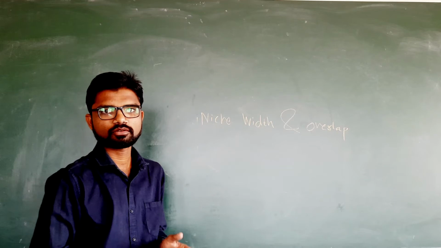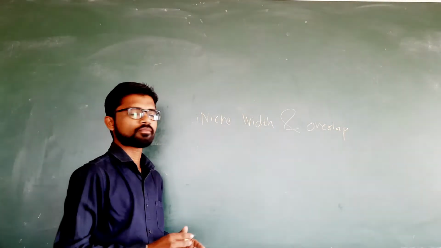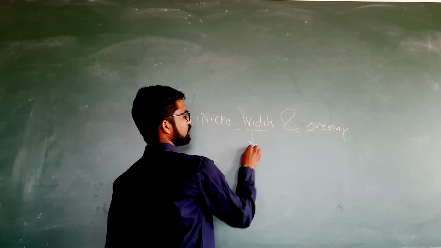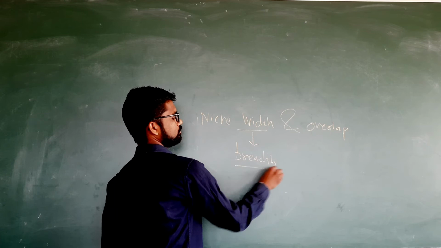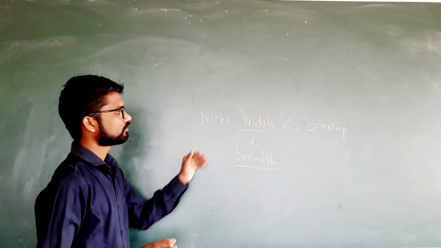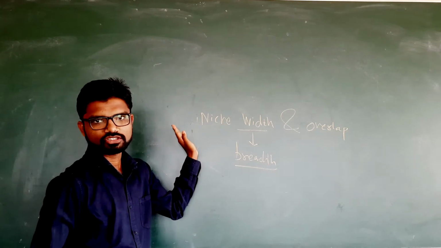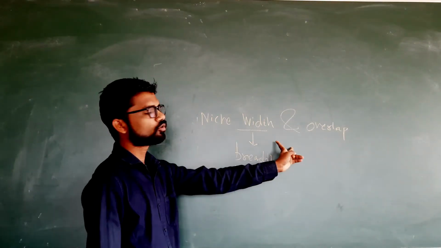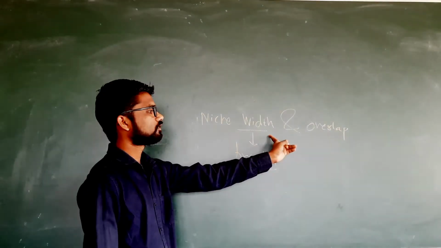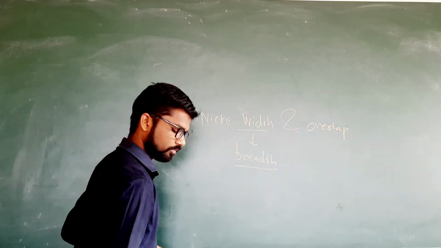Today we are discussing niche width or overlap. Width we can also call breadth. Two words are there, width and breadth, in an ecological niche. They both depend upon each other, the width and the overlap.